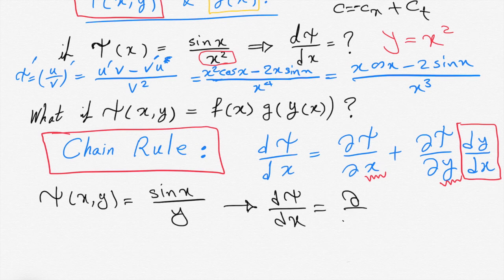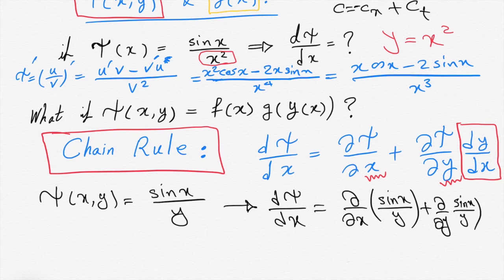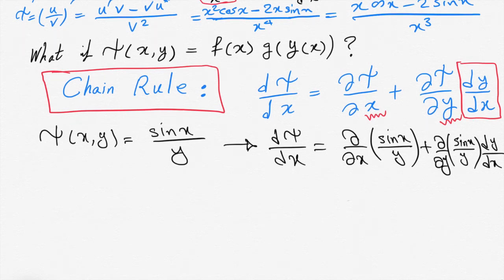So we say the partial derivative of psi with respect to x, like the partial derivative of our function, which is sine of x over y, plus the partial derivative of psi, which is again sine of x over y, times dy over dx, right?